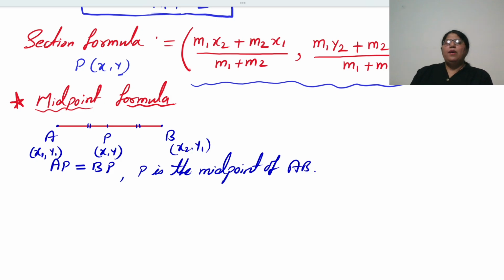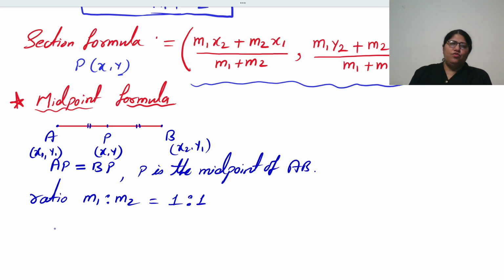Now whenever, remember, P is the midpoint, your ratio m1 is to m2 is always 1 is to 1. That means the value of m1 is 1, and the value of m2 is also 1.